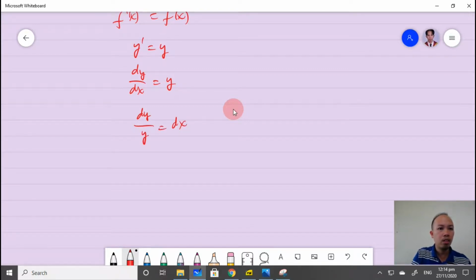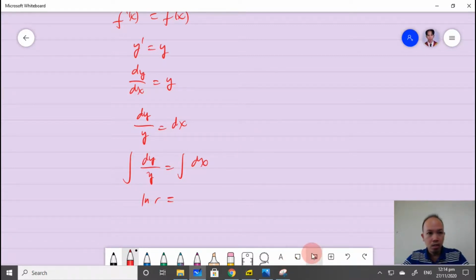Then if you integrate both sides, this is ln y, not ln x, sorry, ln y is equal to x plus c1.